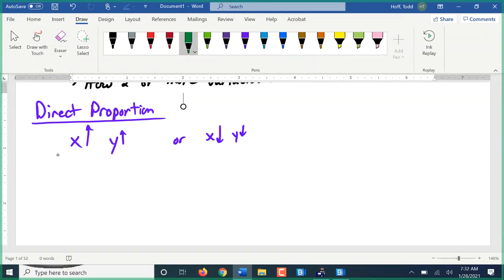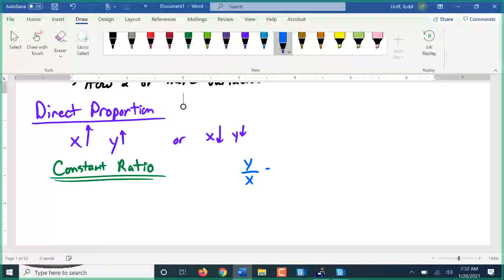Direct proportion, again, a traditional proportion, is what we refer to as a constant ratio. So what that means is the ratio of y to x equals k, we use k to represent that constant.